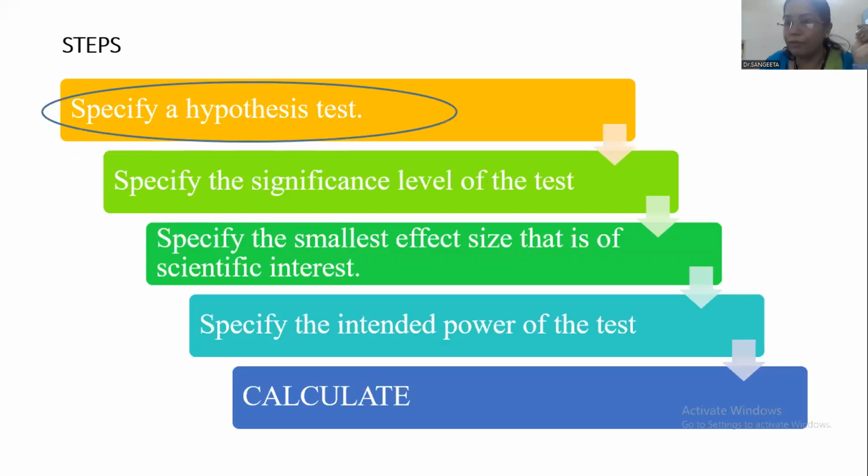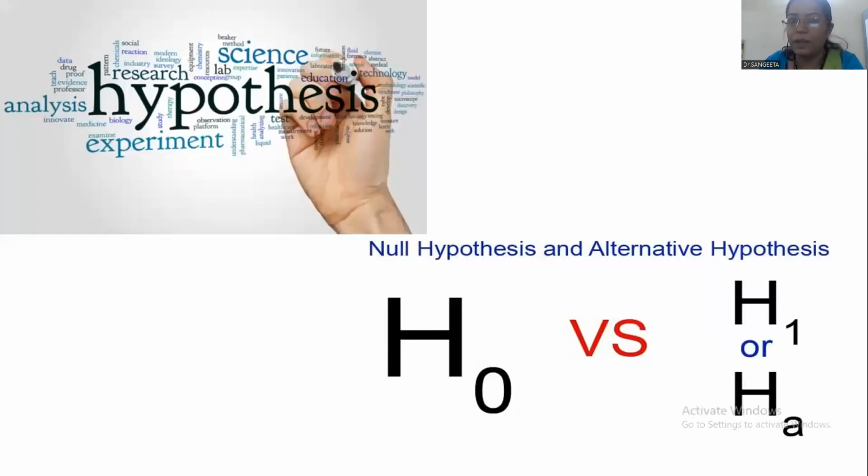Moving ahead with our first step, that is to specify a hypothesis. What is a hypothesis? A hypothesis is an assumption or presumption that you have to make. Okay, it's a statement that you have to either prove or disprove. Most of the time, the majority of the time, you always start with the null hypothesis.